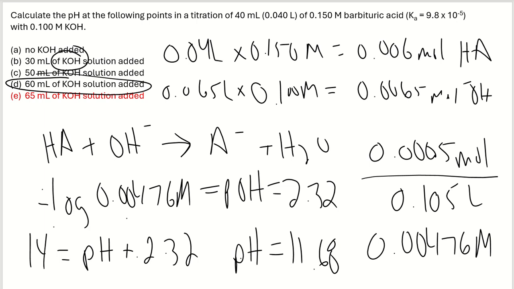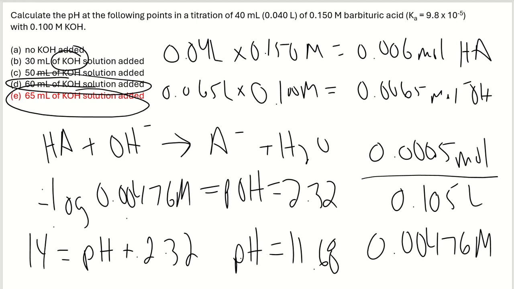So we have to solve for pOH and then convert to pH. Last is going beyond the equivalence point. At this point, the equilibrium is not important because we have an excess strong base. You figure out how much strong base is in excess, you convert it to concentration, and then you find the pOH, then convert to pH.